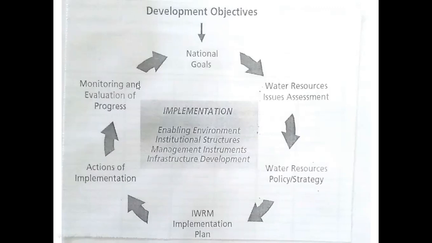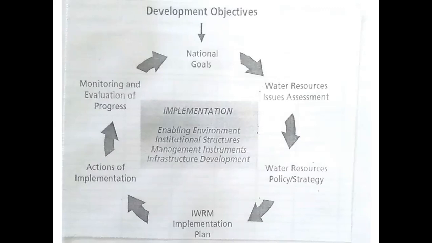Once it is implemented, it is monitored thoroughly for evaluation of the progress. It is monitored and evaluated properly. Monitoring and evaluation means whatever plan is made, it is checked.